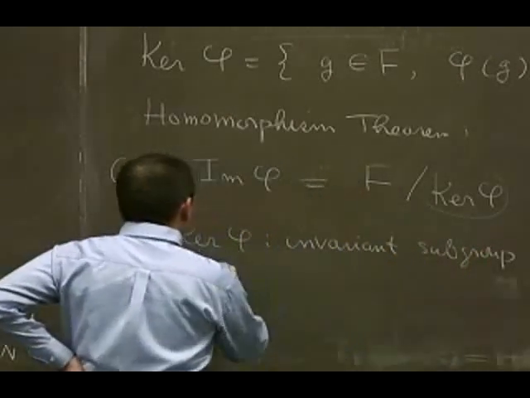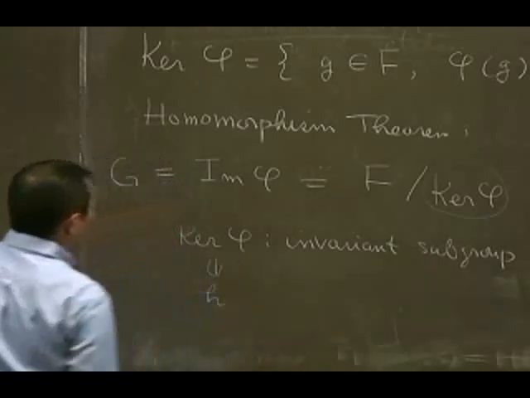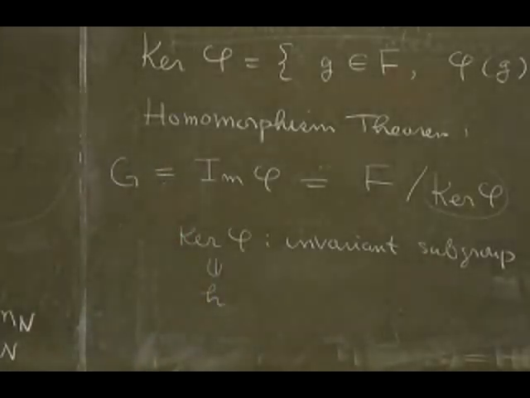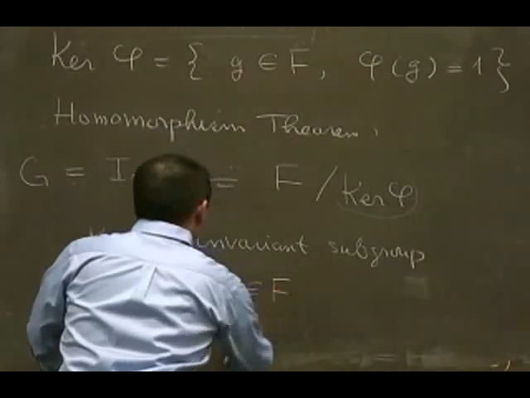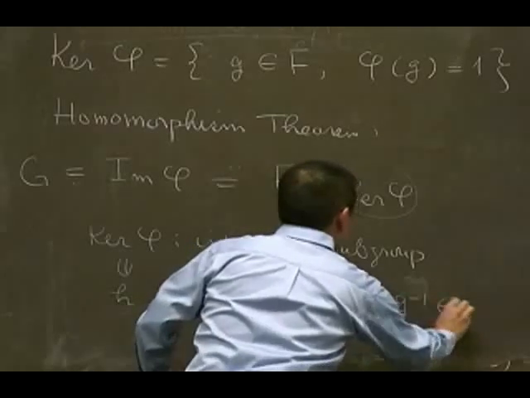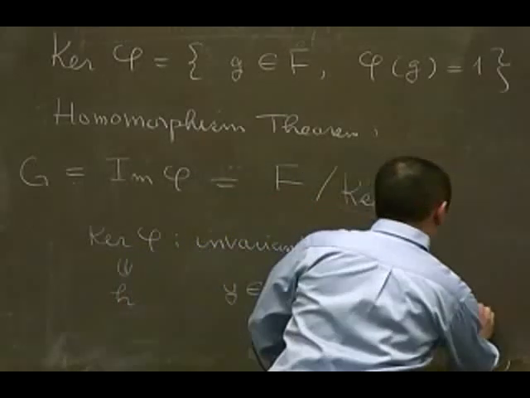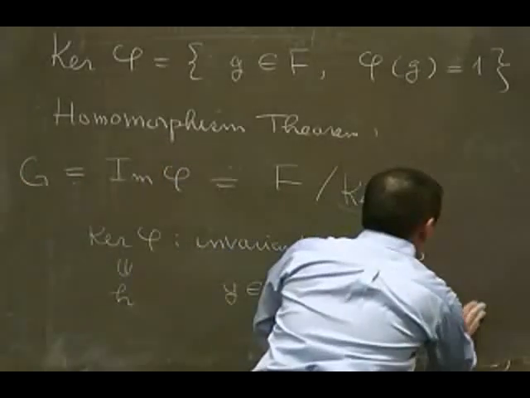That is to say that if you have an element of the kernel, which I denote as H, then if you take any element of F and conjugate it, it still belongs to H. Also, it still belongs to the kernel of phi.